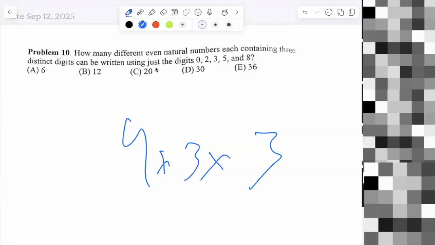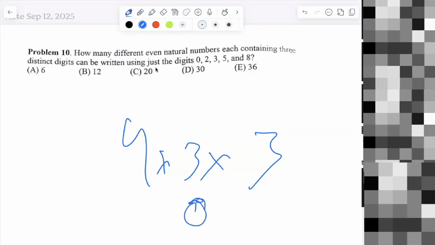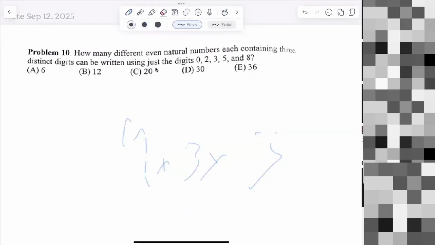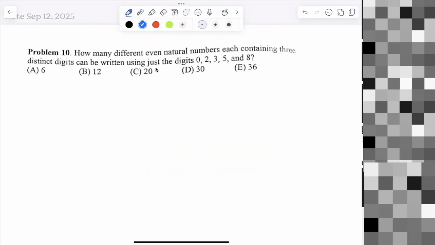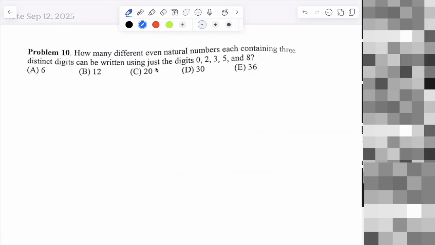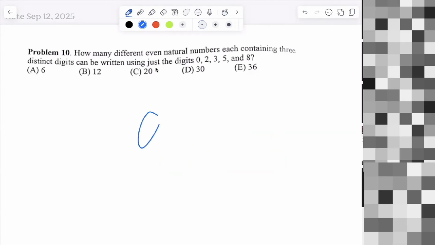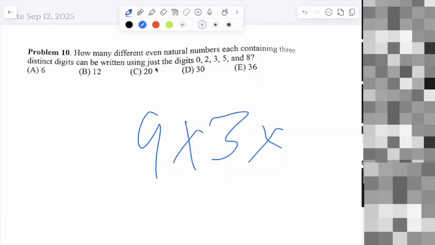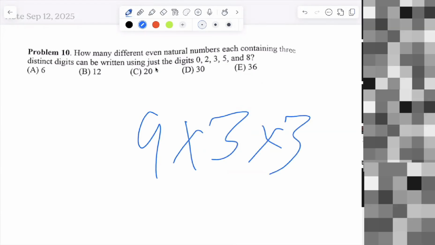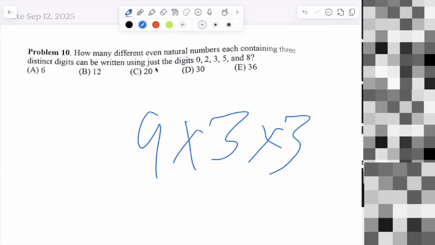So if we put it over here. Wait, hold on. Let's count again. We have 5 total digits and we want 3. We have 4 in the first, 3 in the second, and 3 in the third. And we're overcounting on the 0.